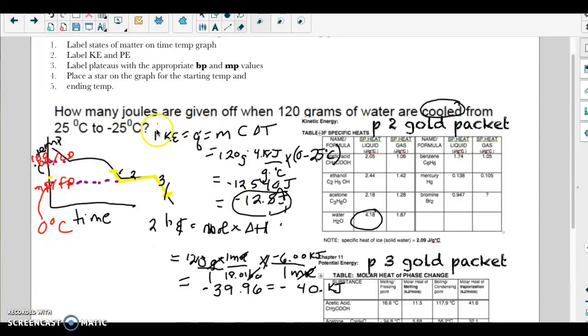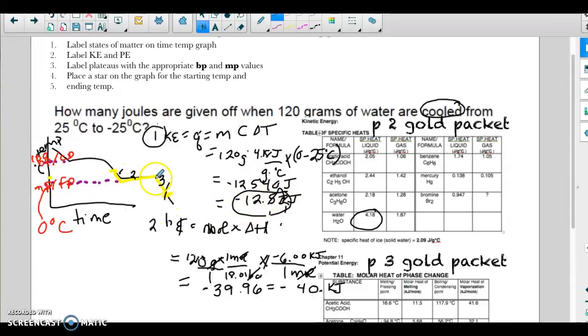All right, so we've done the calculation now for the amount of energy to take the 25-degree water and lower the temperature, so kinetic energy. It's going to be an exothermic process, a negative value of negative 12.5 kilojoules of energy are going to be released.